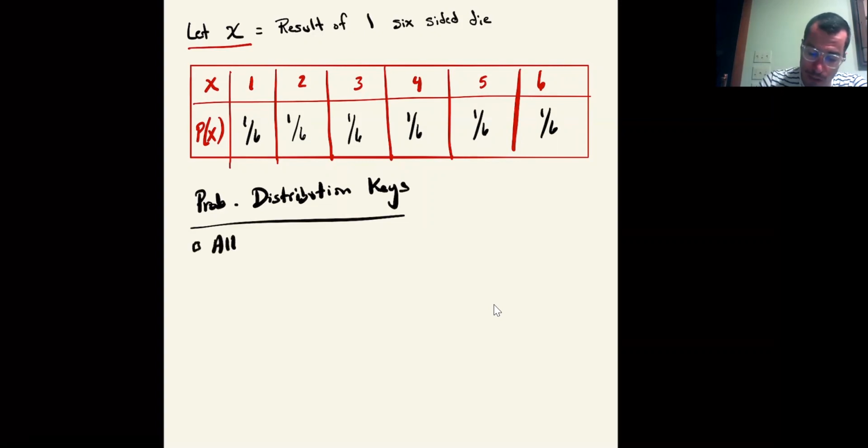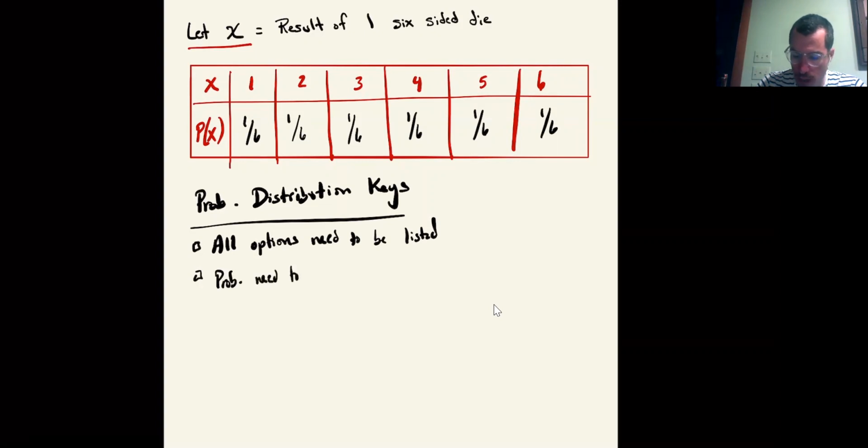All options need to be listed. The second thing that's really important is that the probabilities need to add to 1.